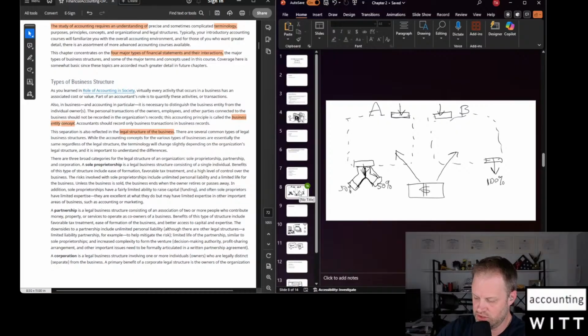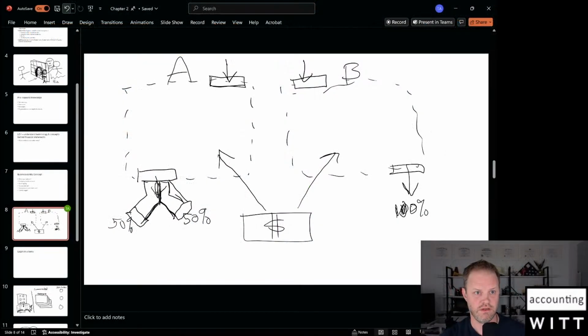Which one are you going to choose? Well, I'm going to choose B, because why would I ever choose A? If I choose A, I'm going to lose half of it. If I choose B, I get 100% back.